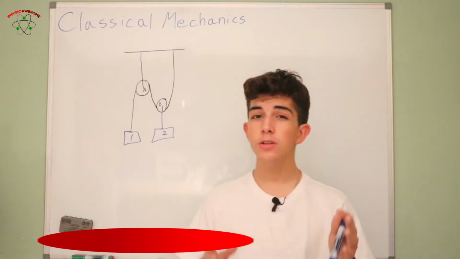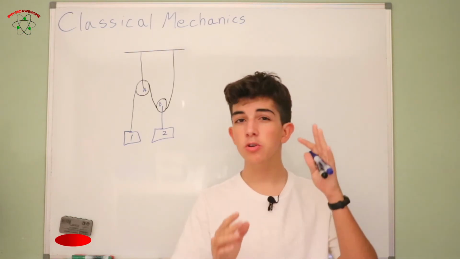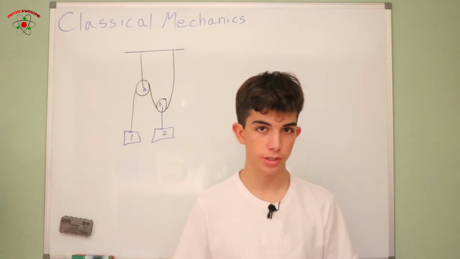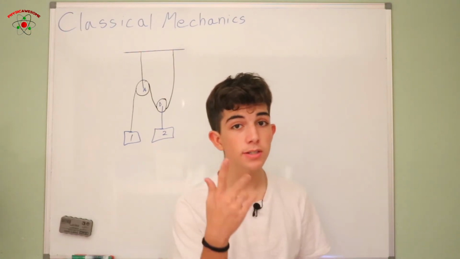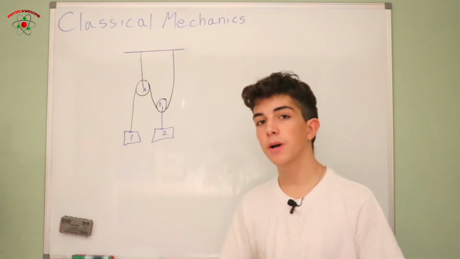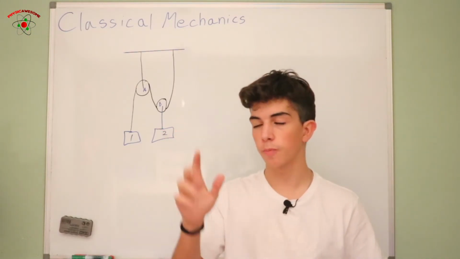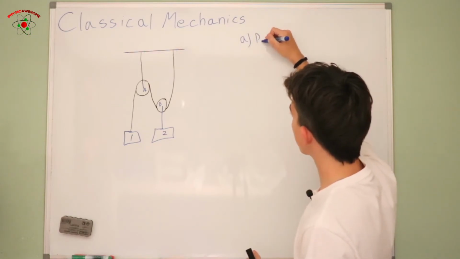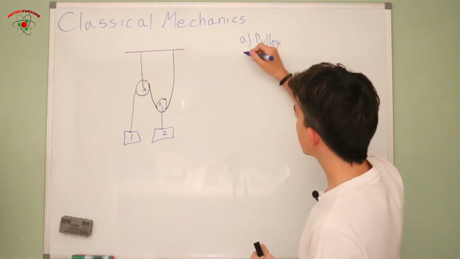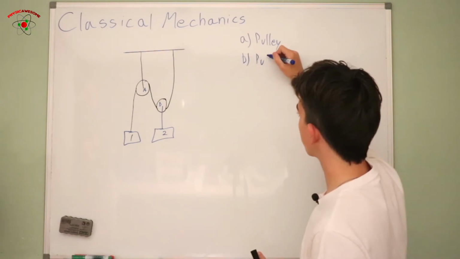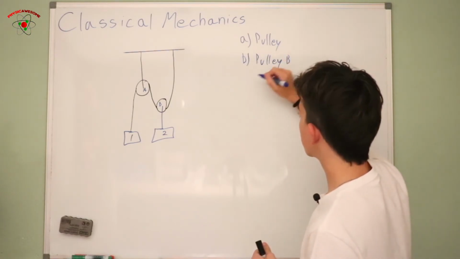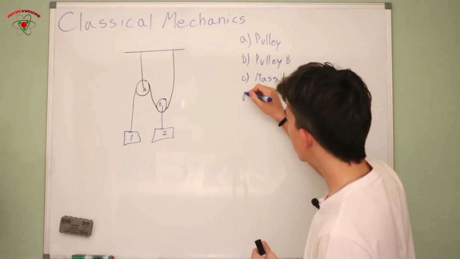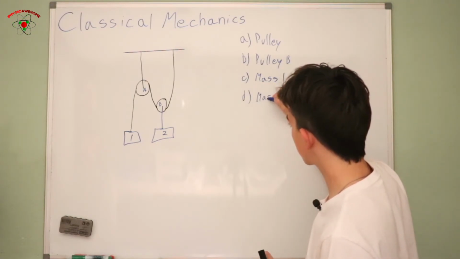However, we need to find some new trick that will help us analyze more difficult situations. Remember, in the first segment in the video, we divided our system in 4 parts. The first one was Pulley A, the second one was Pulley B, the third one was mass 1, and the fourth one was mass 2.